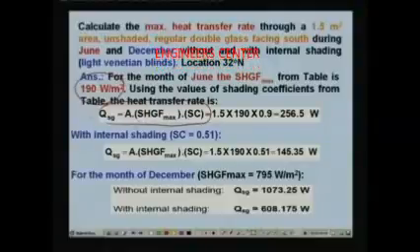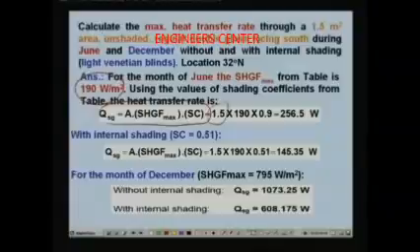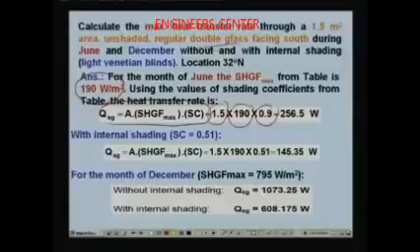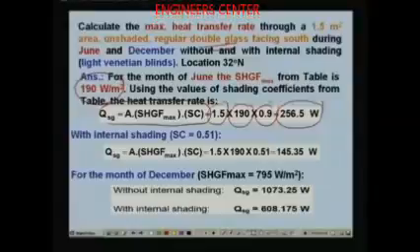If you are not using any internal shading, then the area is 1.5 meter square, SHGF max is 190 watt per meter square, and the shading coefficient for the double glass is 0.9 from the table. So you find that QSG is 256.5 watt in June.